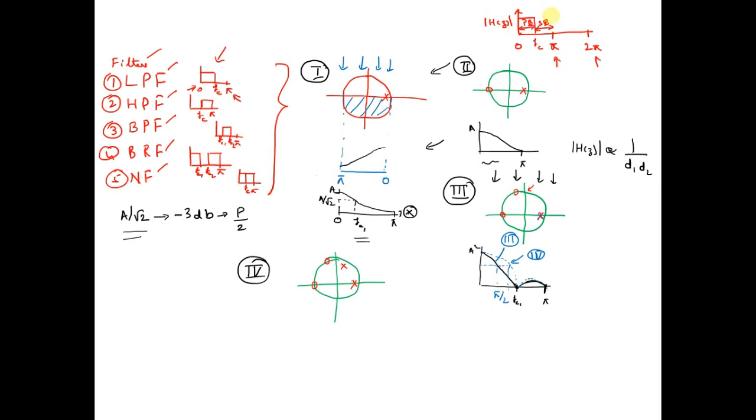So at the point 2 pi minus fc, the frequency component repeats itself. This would again be the pass band, and this the stop band. The bandwidth of the pass band, in both 0 to pi and pi to 2 pi, remains the same.